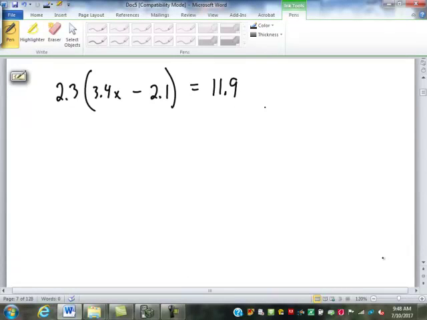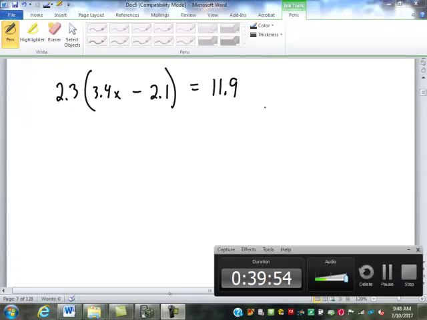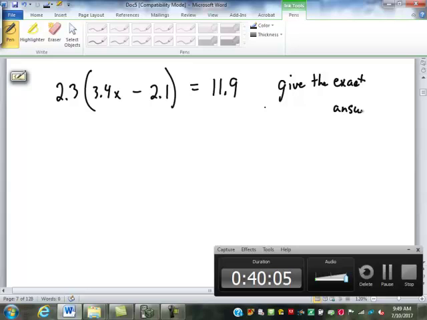Now I'm going to add this note here to express exactly, give the exact answer. If it comes out to a repeated decimal, that's fine. Do it as a repeated decimal. Otherwise, convert it to a fraction.